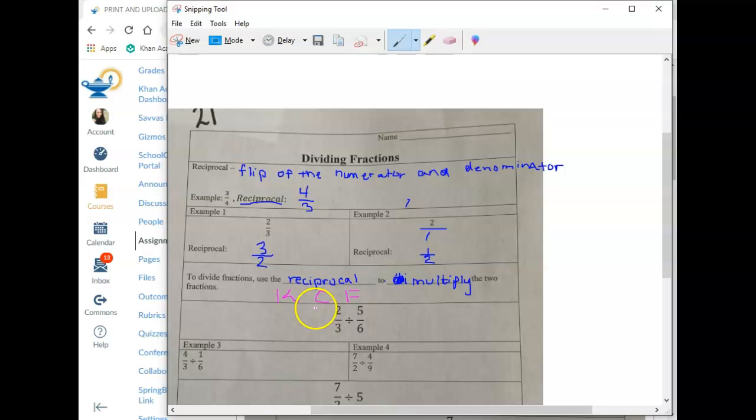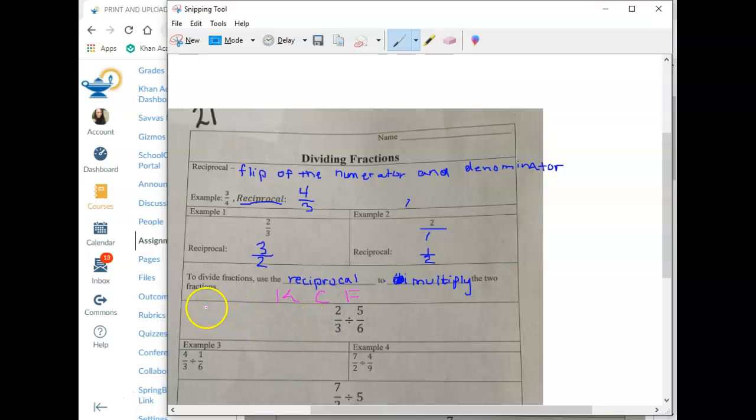So everybody write keep, change, flip. When I think of division, I think of kind of like Kentucky Fried Chicken, but it's just mixed up a little bit. A funny Kentucky Fried Chicken. All right, keep, change, flip.